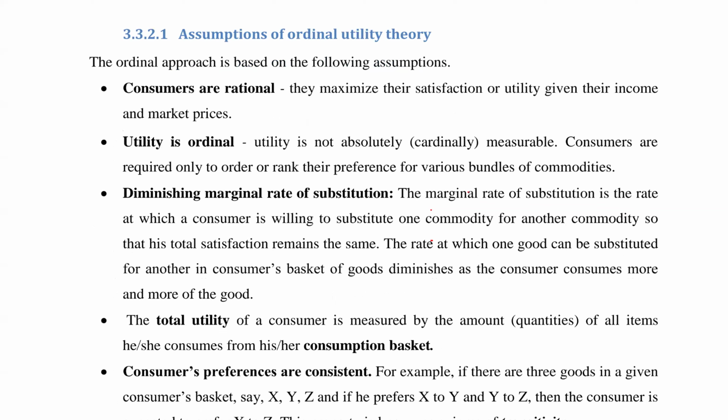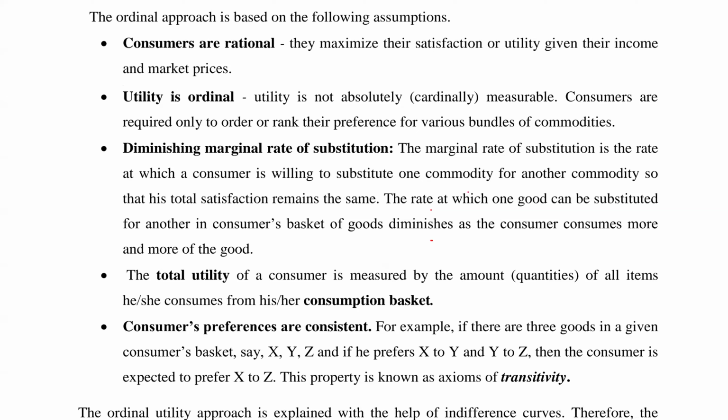That is to say, they maximize their satisfaction or utility when they're given the income and the prices of the commodities. So at any point in time, looking at the income that you have and the prices of the commodities that you want to consume, you would want to maximize the level of satisfaction or utility.